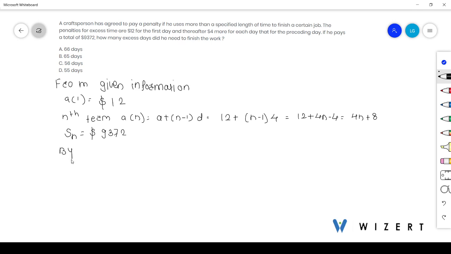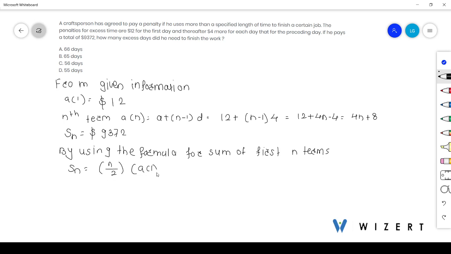So by using the formula for the sum of the first n terms, that is Sn equals n by 2 into (a1 plus an), we will get the excess days the craftsman needed to finish the work.